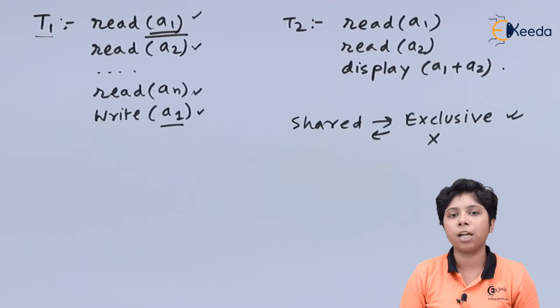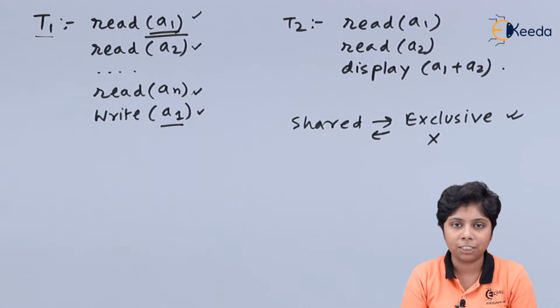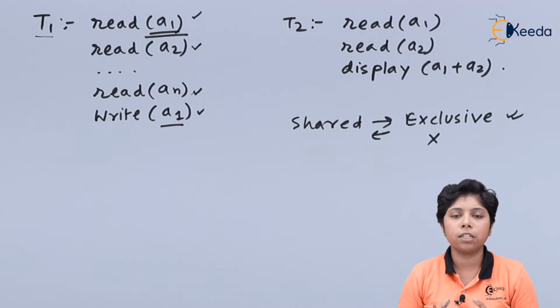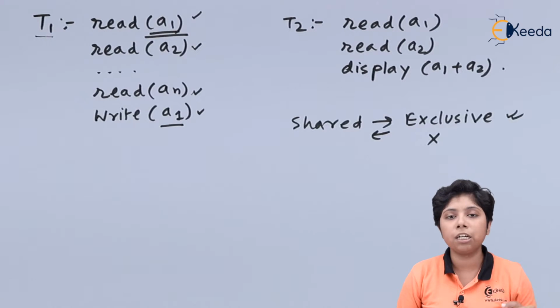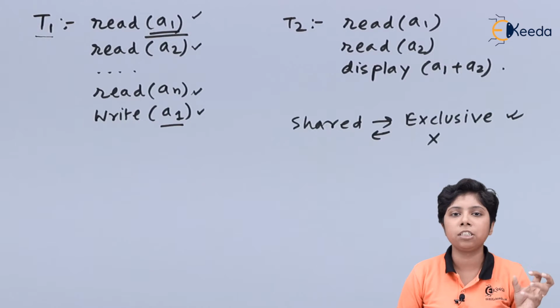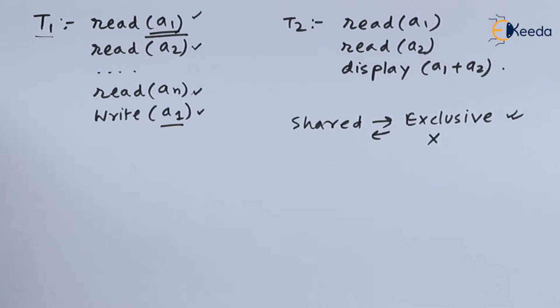So it cannot happen that the upgrade and downgrade are running simultaneously. So we can generate the downgrading in the shrinking phase and the upgrading in the growing phase for a particular schedule. Now we can also reach an incomplete schedule if there are no transactions or incomplete granting permission for each of this locking and unlocking or upgrading or downgrading based on this two-phase locking protocol.